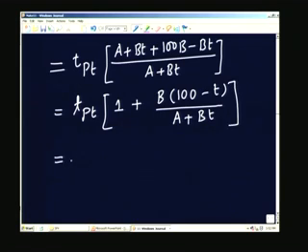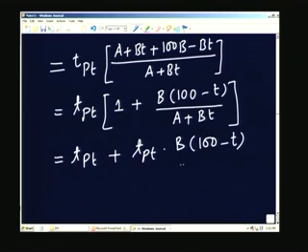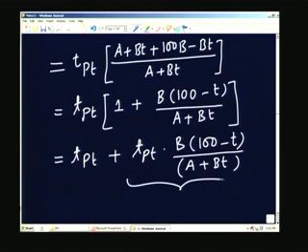So, I can say this is T_PT plus T_PT multiplied by 100 minus T divided by A plus B T. This will be your correction, because the left hand side is nothing but the temperature.